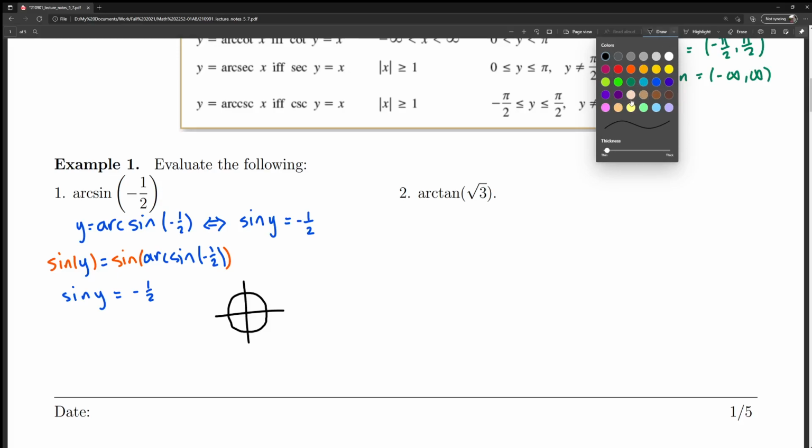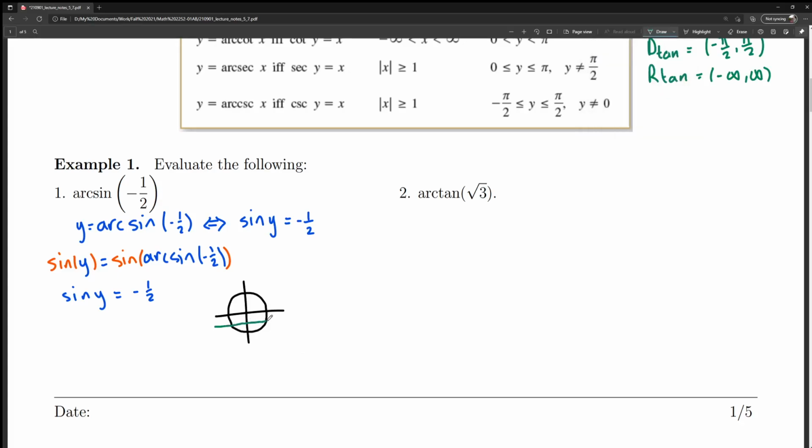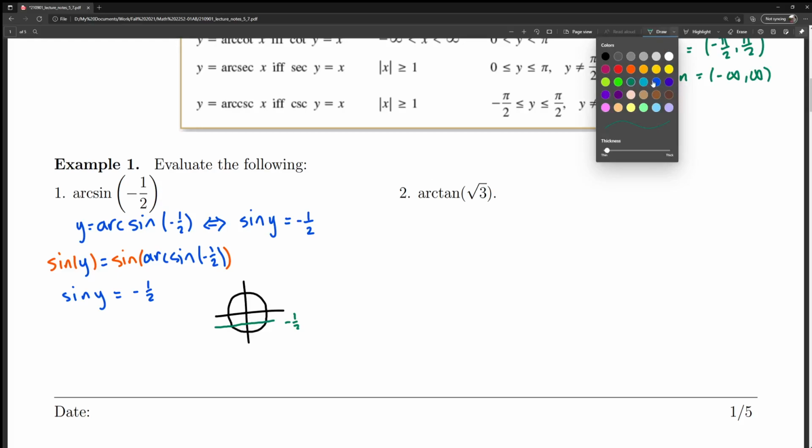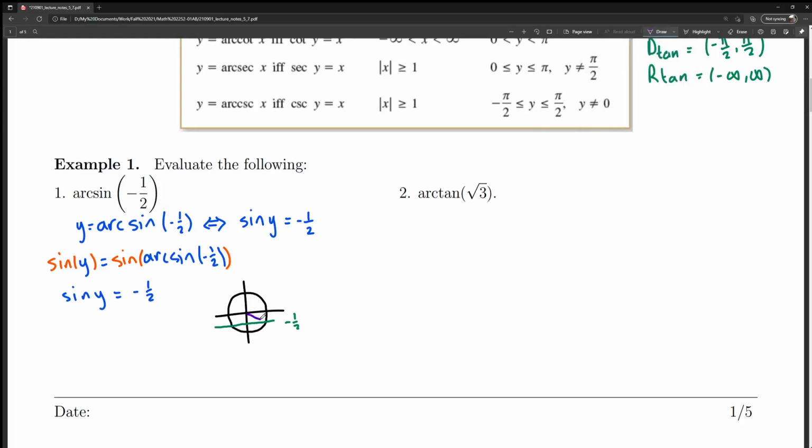So if I look at this line at negative 1/2, that means that I have two potential angles. I have this one right here and this one right here, for which sine of y equals negative 1/2.